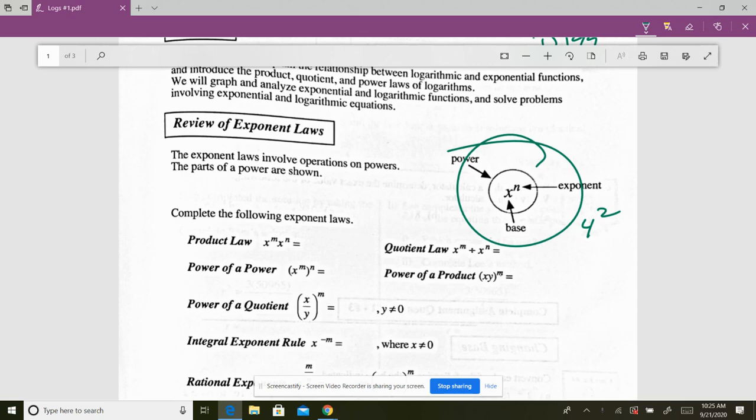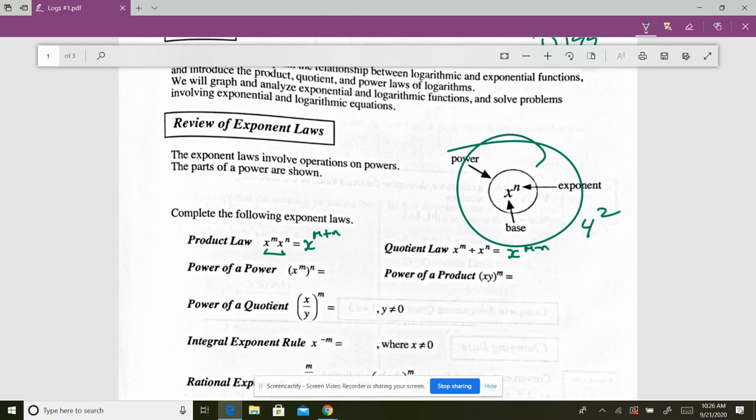All right. If you are multiplying terms that have the same base, what do you do with the exponents? Add them, yes. So it's x to the m plus n. If you are dividing, what do you do with the exponents? Subtract them.